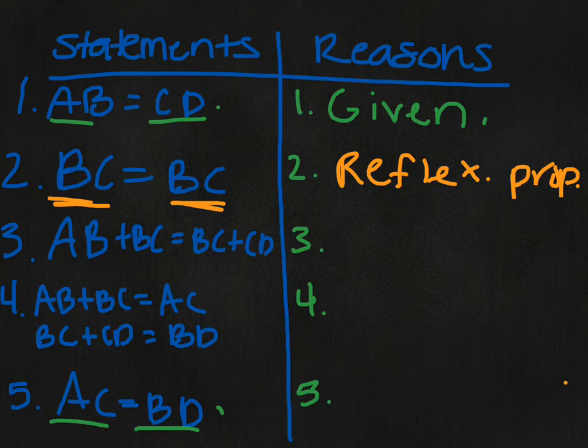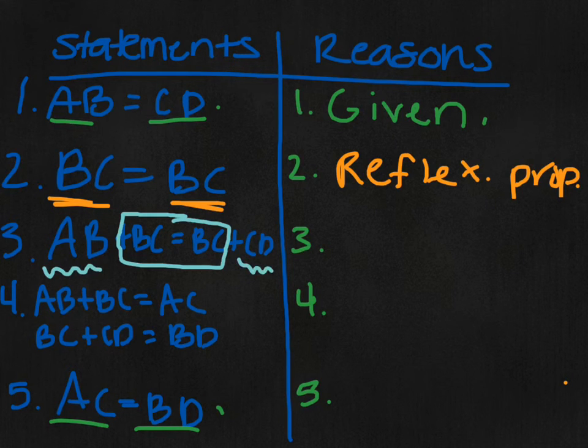Okay. Well, if you notice in the next step, kind of what's different, here's what was in our last step. BC equals BC. And what's different are those. We're adding AB on one side and CD on the other. If you look at your choices, the one that makes most sense is the addition property.